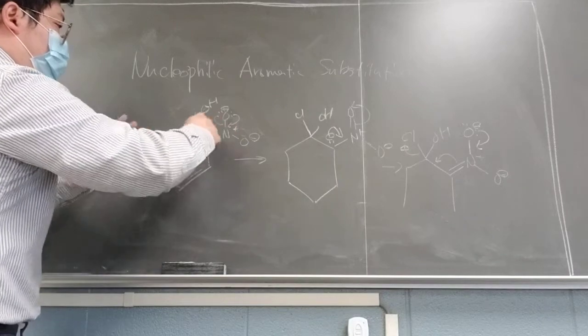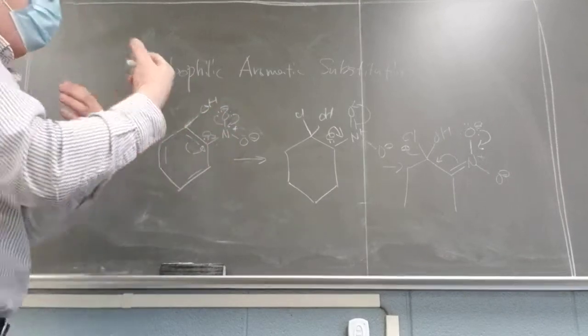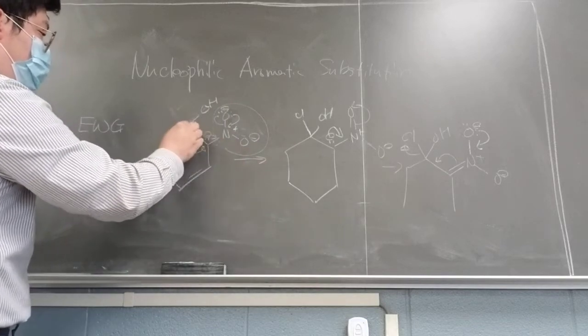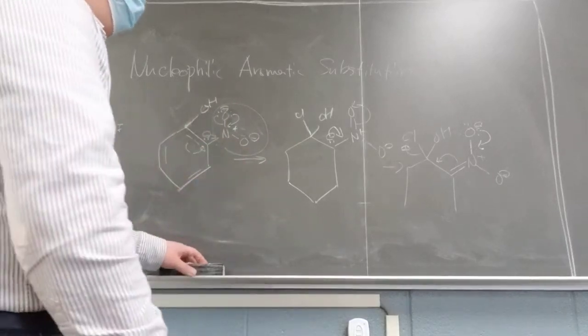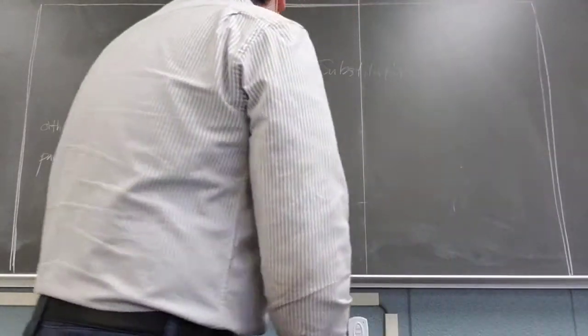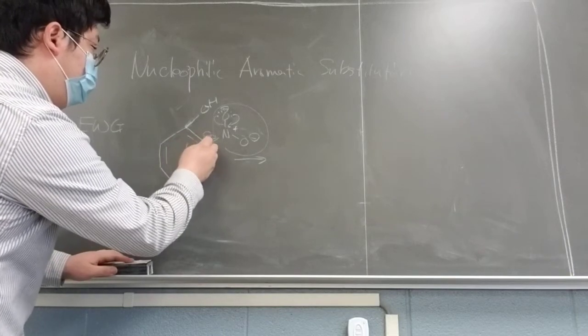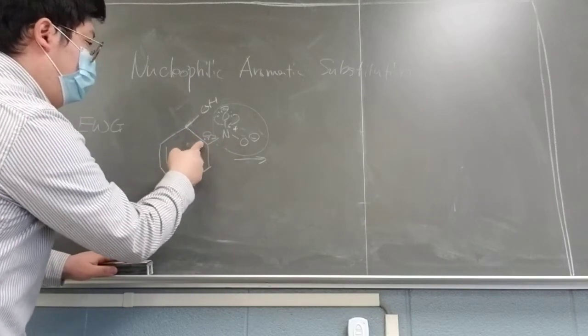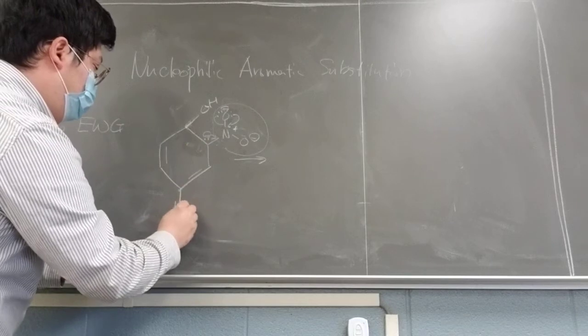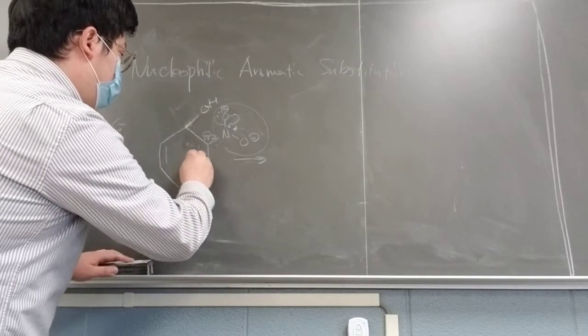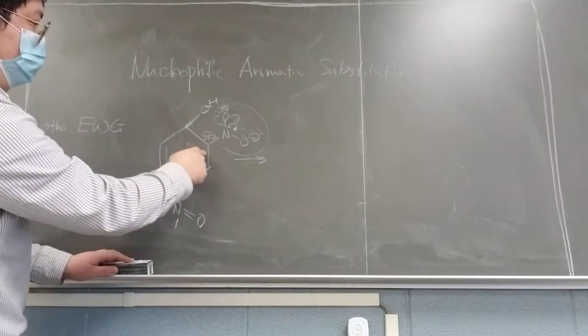When you have something that can take the electron into their electron withdrawing groups on the ortho position, or para is also possible, because if you look at this one very carefully, once you have this position of the carbanion here, you can also move this double bond to here.